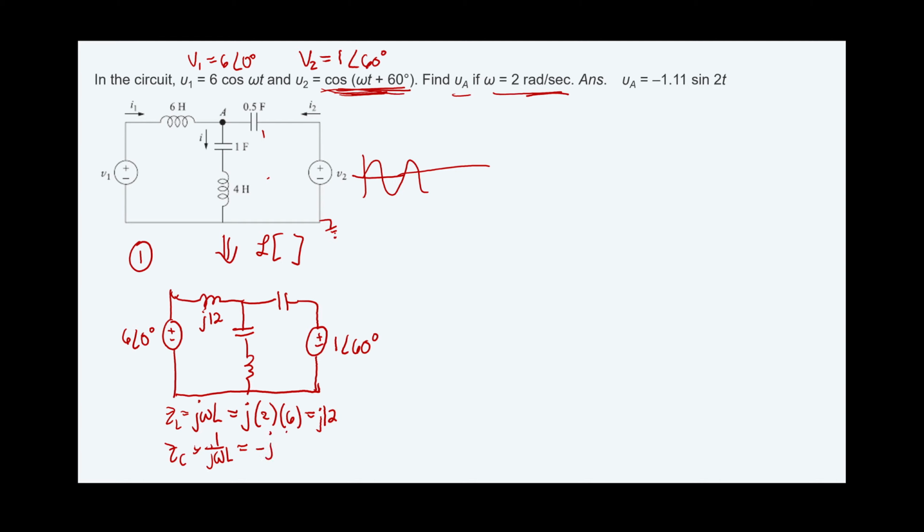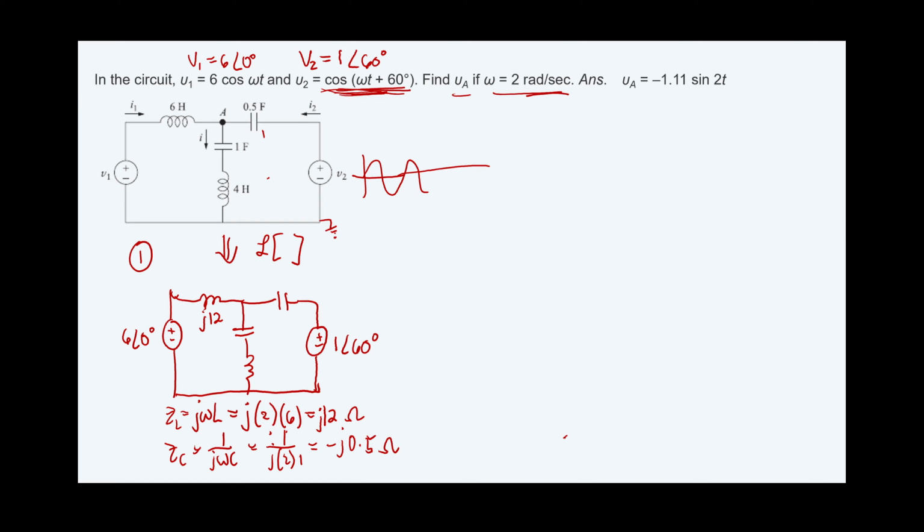Sorry, I think ω is 2 rad per second. So you have 1 over j times 2 times 1. So this is therefore negative j0.5. Actually, you can write ohms.